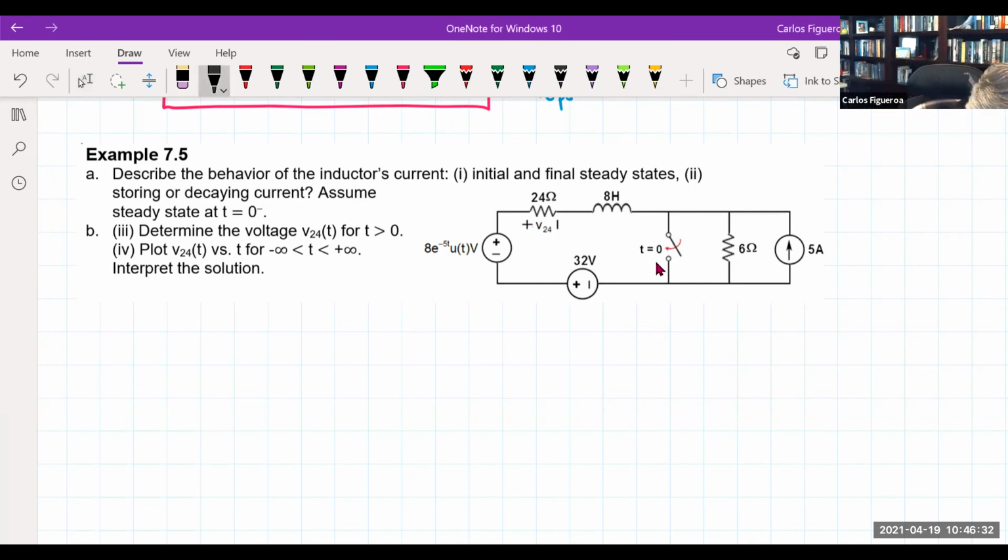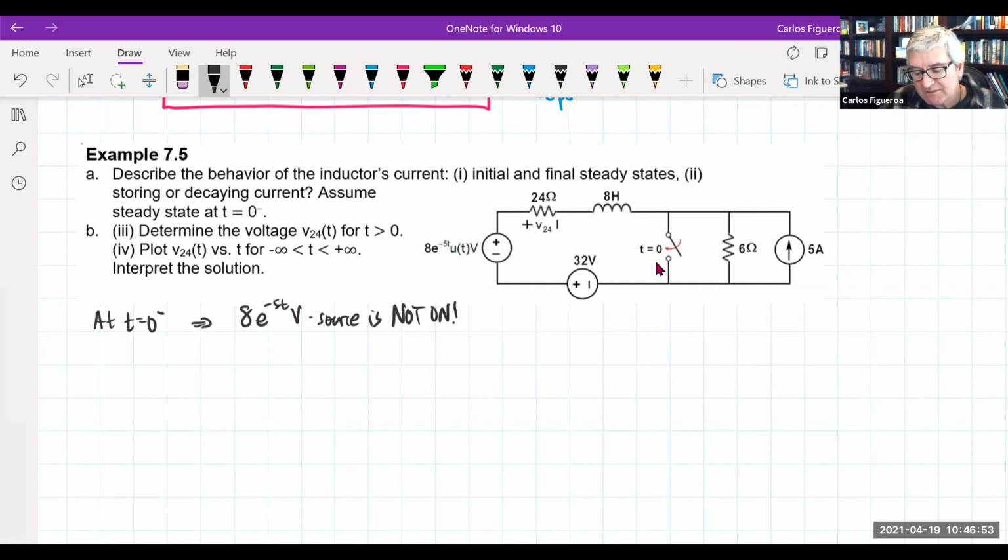So at t equal to 0 minus, the e to the minus 5t source is not on.